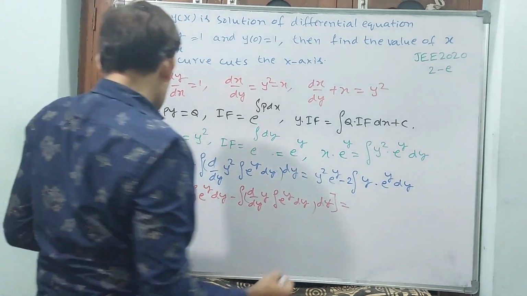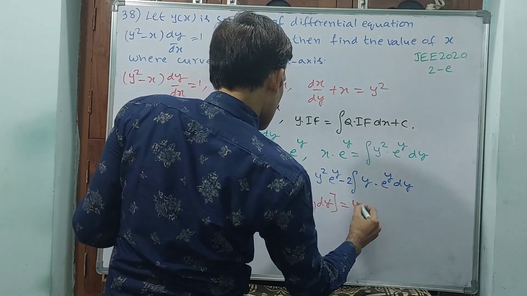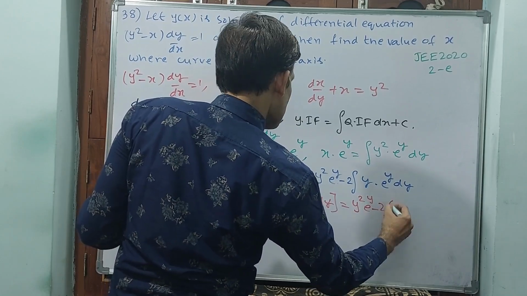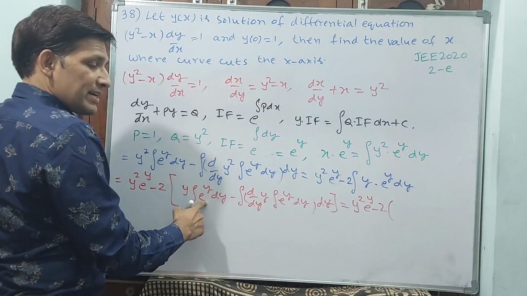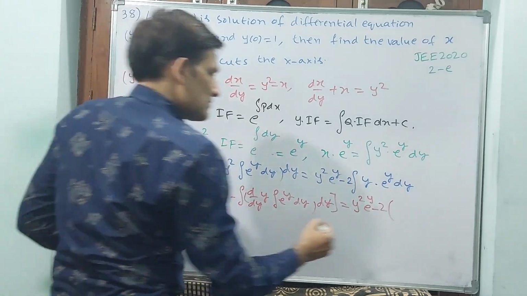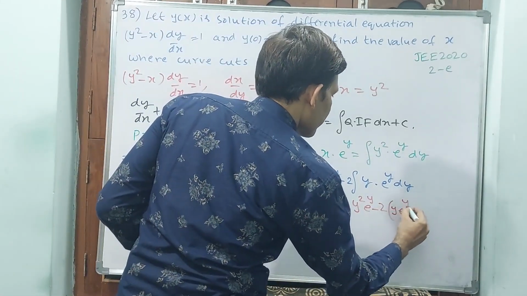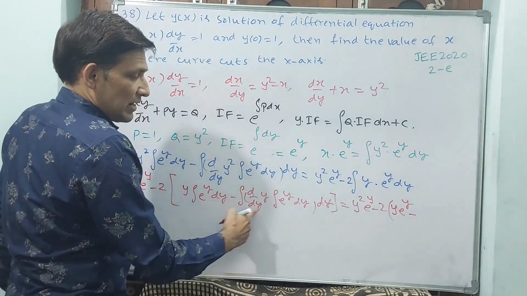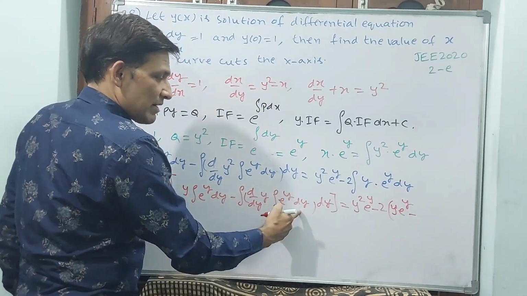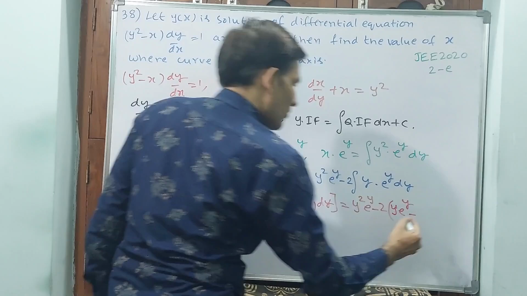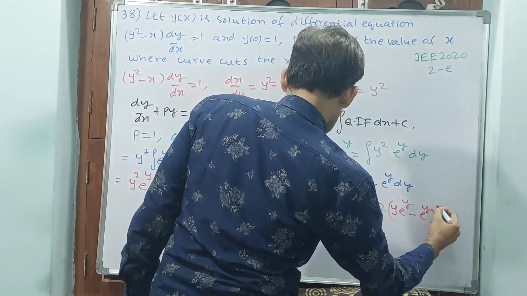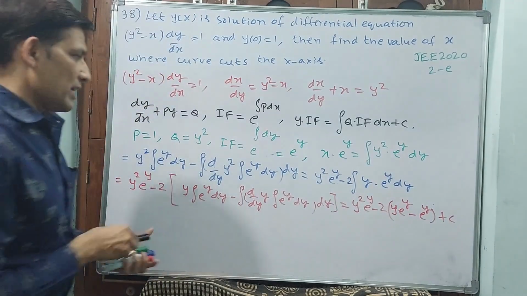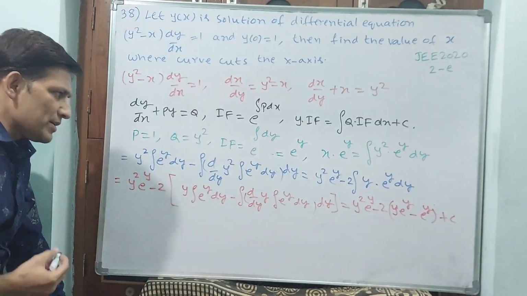Write down y square e power y minus 2, e power y integral means e power y, so y e power y, minus 1 into e power y, integral of e power y, so e power y minus e power y. Plus c finally.